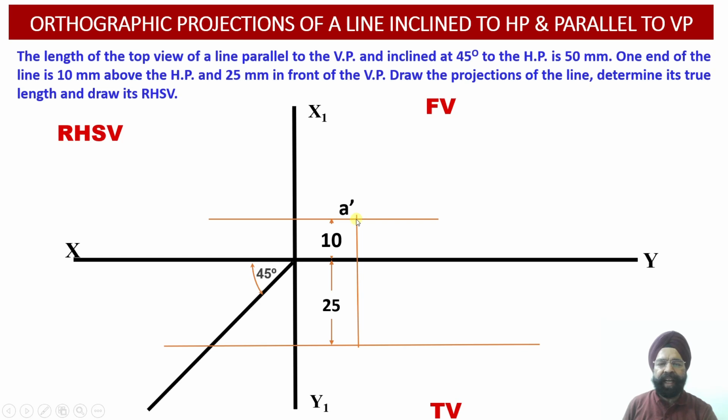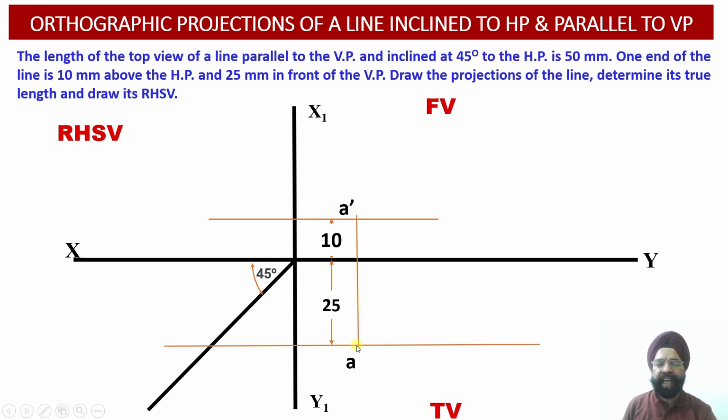Point A dash, the front view projection of the point A, will be drawn 10 millimeter above the XY reference line. Similarly, the top view projection of the end A of the line AB will be drawn 25 millimeter below the XY reference line.